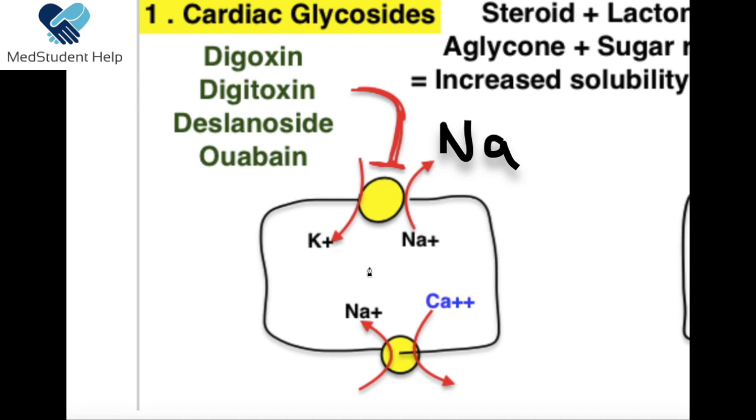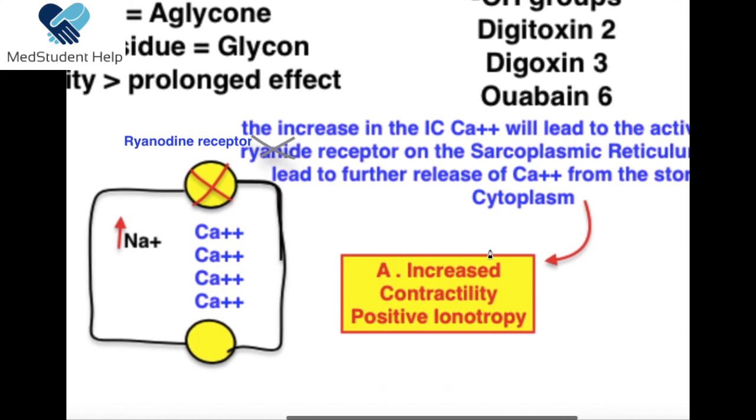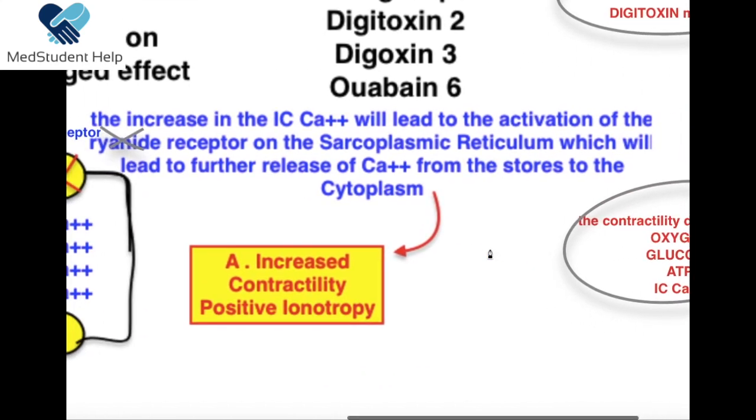Now, we know that due to the low concentration of sodium inside the cell, there is a passive sodium concentration gradient towards the cytoplasm. We can use this gradient to pump calcium outside of the cell. Now, let's remember, what did we need for muscle contractility, right?